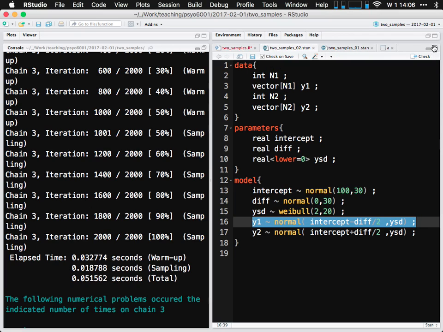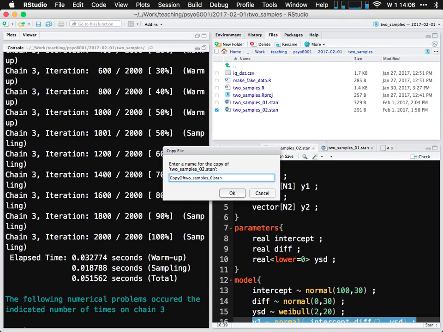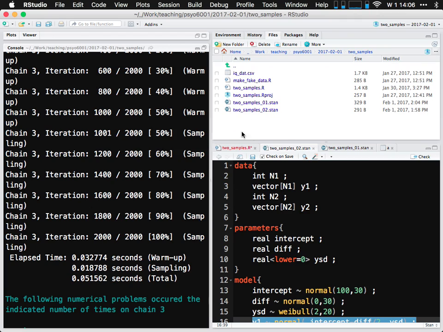So I'll do that, and I'll pause as we do it to explain more what I mean by all that. I'm going to copy this model and call it number 3, 2 samples, number 3. Open that up.